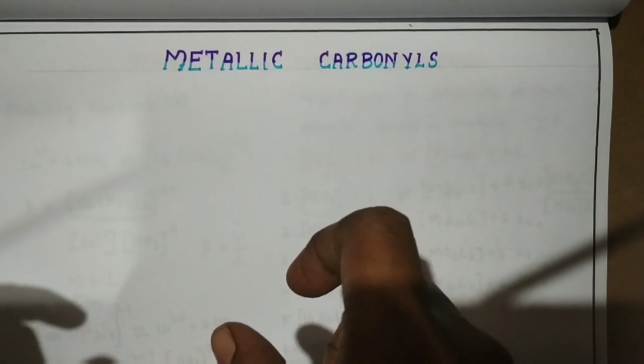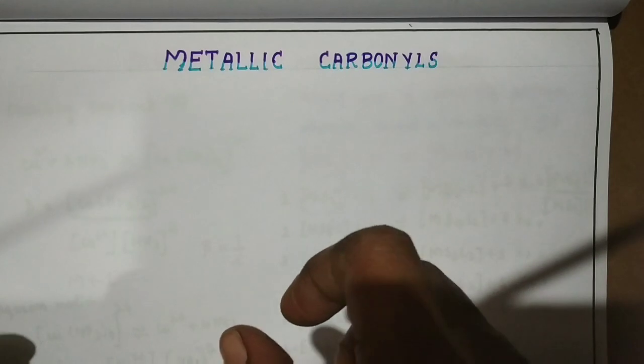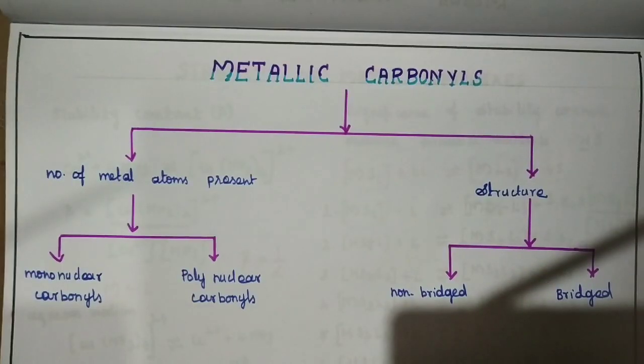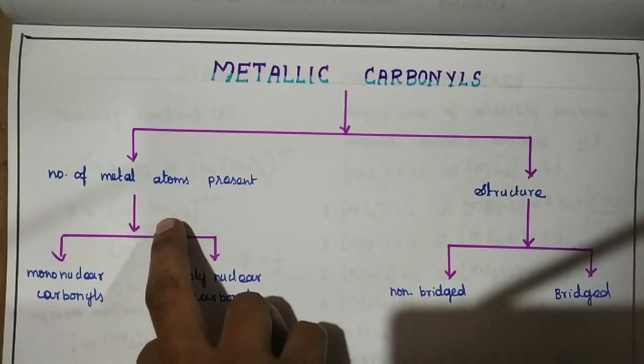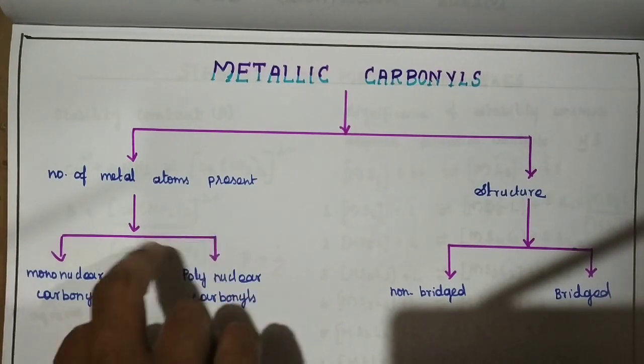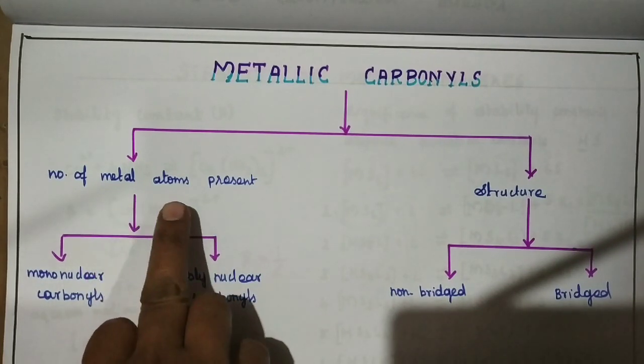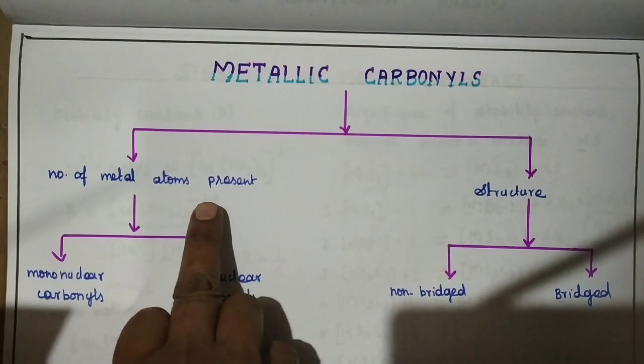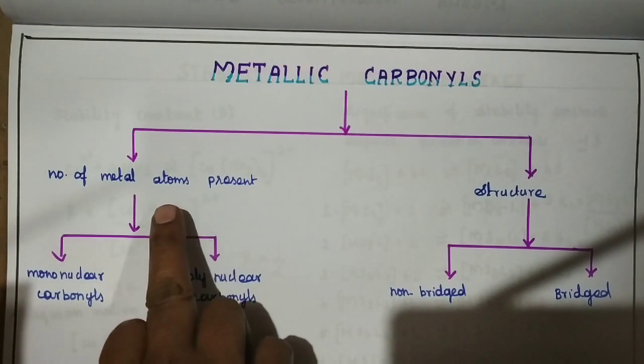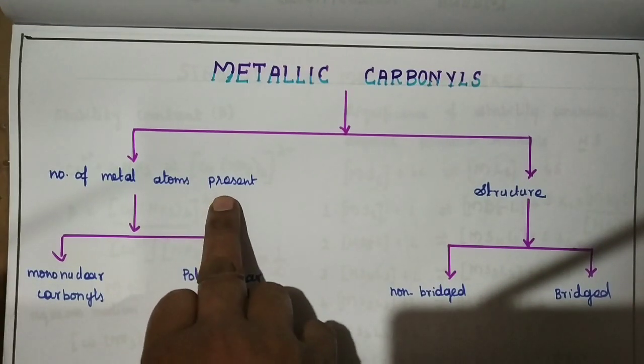First of all, classification. It is classified in two different ways. First, based on the number of metal atoms present in it.